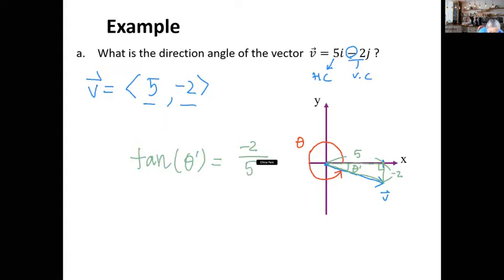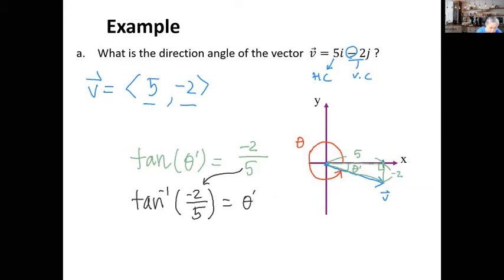Next step, we will use arctangent, or inverse tangent, of -2 over 5. That will give you the value of theta prime.